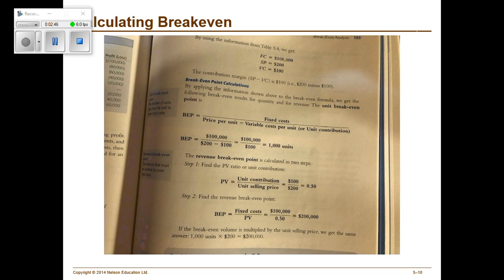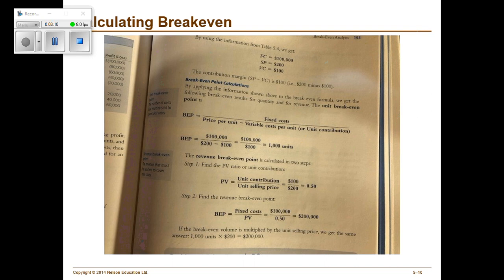Okay, so looking at this, say right there up at the top, our total fixed cost for the organization is $100,000. We have a selling price of $200. So maybe we're selling a printer, selling price at $200 and a variable cost of $100.